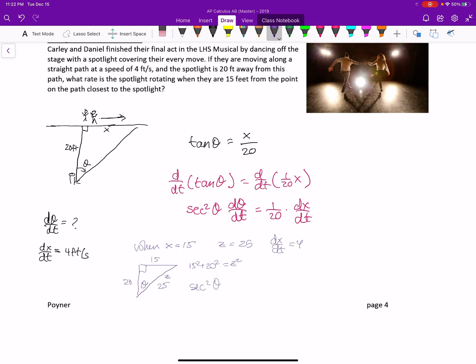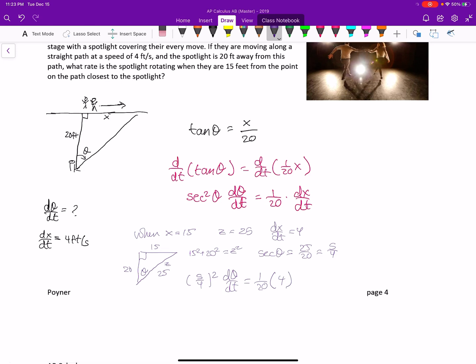But look, just a little aside here. Secant is the reciprocal of cosine, and cosine is adjacent over hypotenuse, so that would be 20 over 25, and secant would be the reciprocal, 25 over 20, which reduces to 5 over 4. So secant squared is (5/4) squared times dθ/dt equals 1/20 times dx/dt, which I'm given is 4.